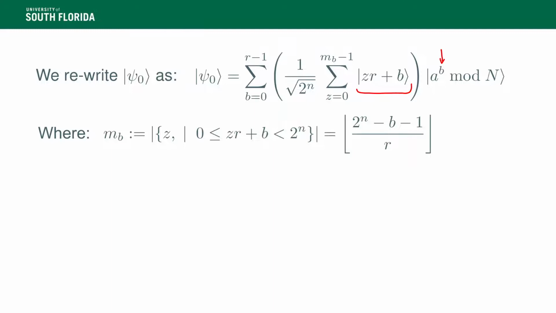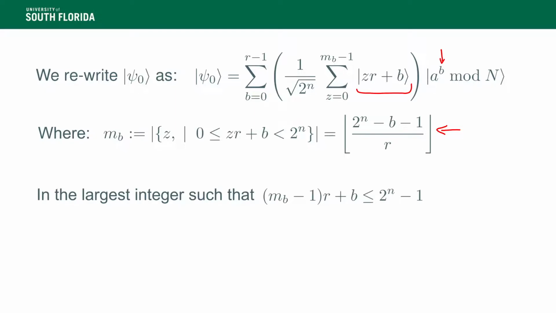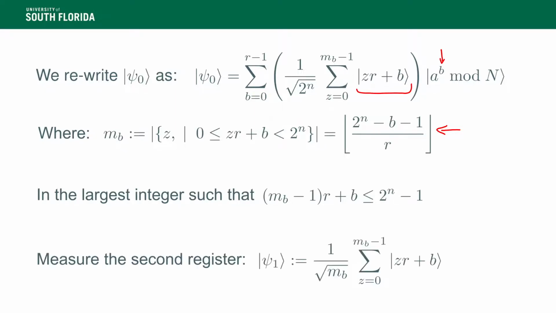So basically, the number of terms is M_b, where M_b is the number of exponents of the form zr plus b that fit between 0 and 2 to the n, which can be rewritten as the floor of (2 to the n minus b minus 1) divided by r. So now, knowing that, and keeping for now M_b as a parameter, once we measure the second register, then we keep only M_b terms.